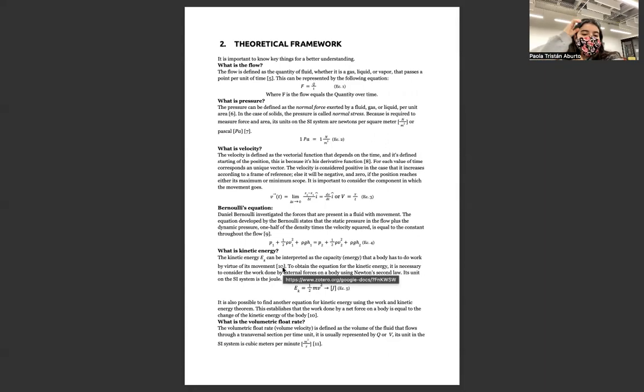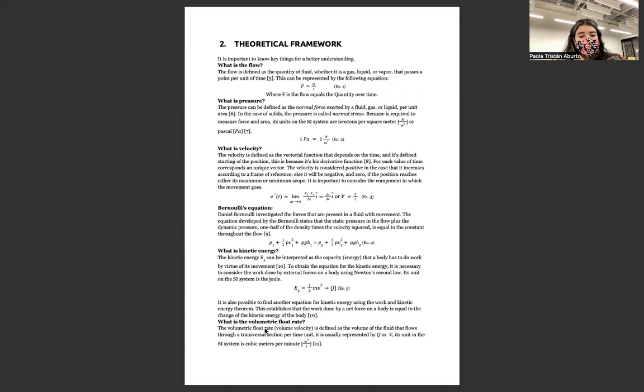The kinetic energy, on the other hand, is the capacity that a body has to do work by virtue of its movement. This can be represented with the following equation, which is 1/2 of the mass times the velocity squared.